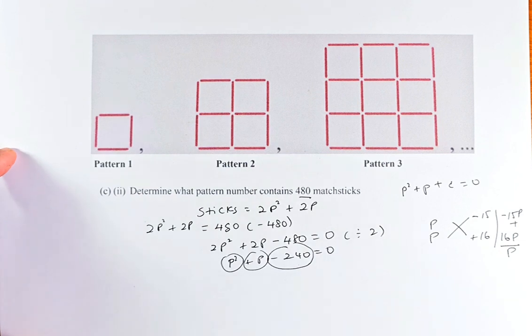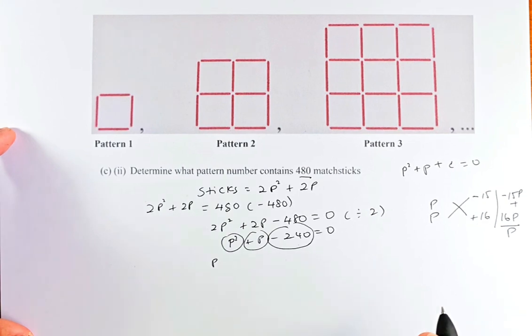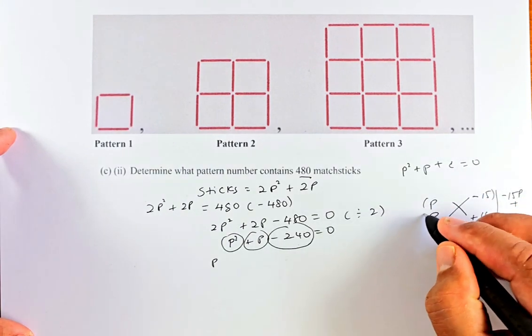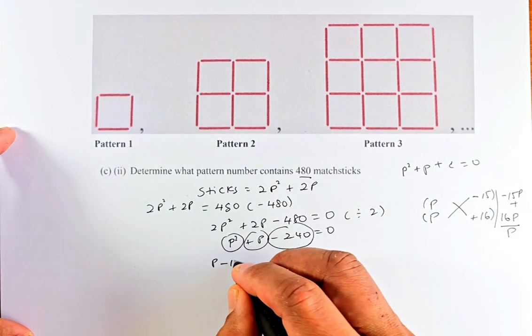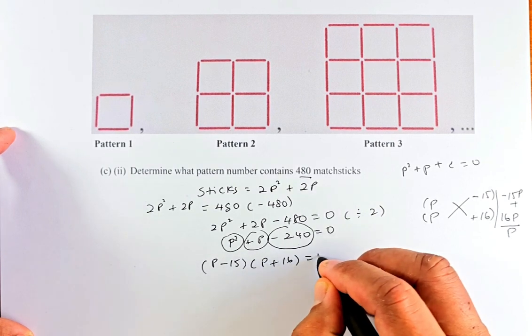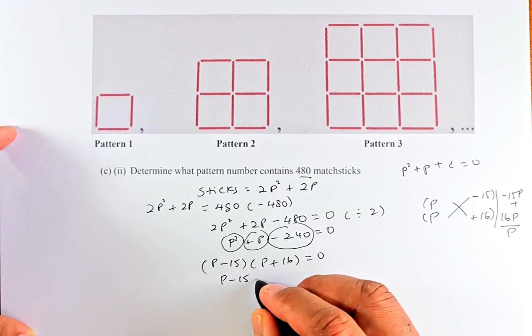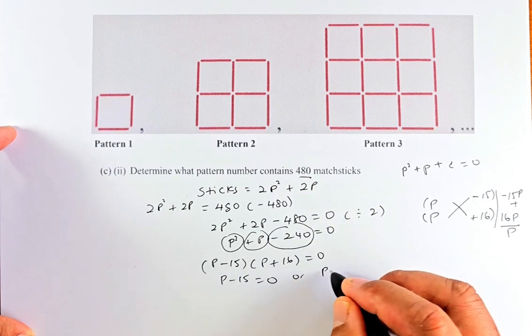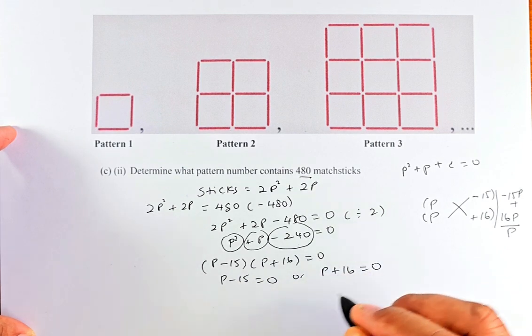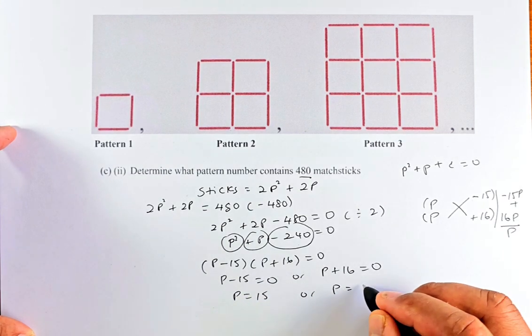Bingo. So p minus 15, p plus 16 equals 0. To solve this is straightforward: p minus 15 equals 0, or p plus 16 equals 0. So p equals 15, or p equals minus 16.